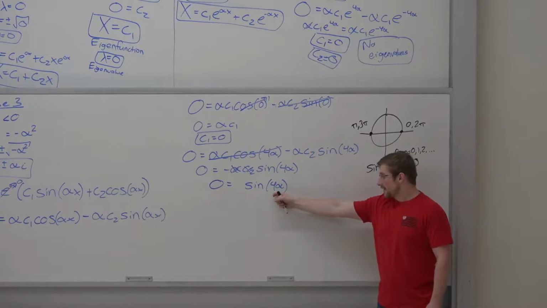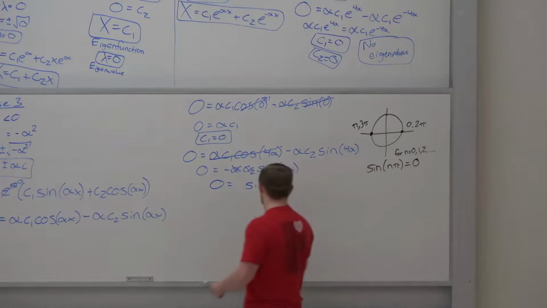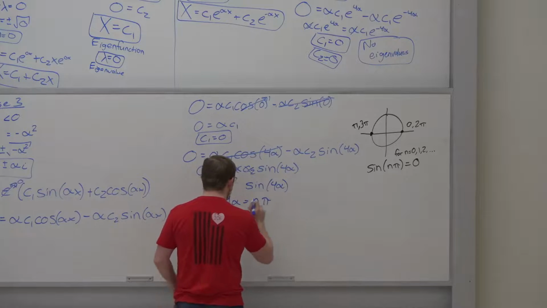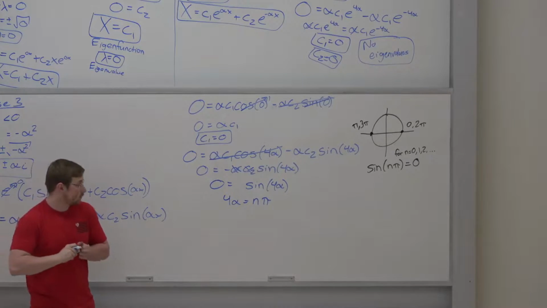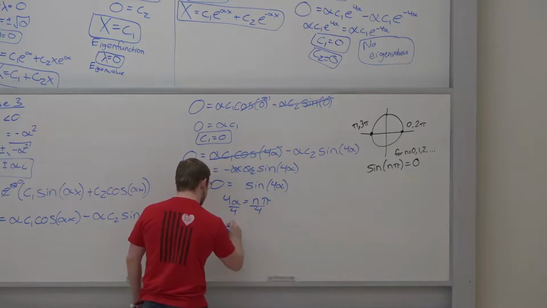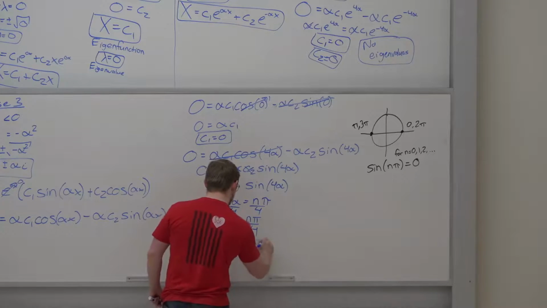So let me set 4 alpha equal to n pi. And I'm trying to find out what alpha is, so I can divide over this 4. And I get alpha is equal to n pi over 4.